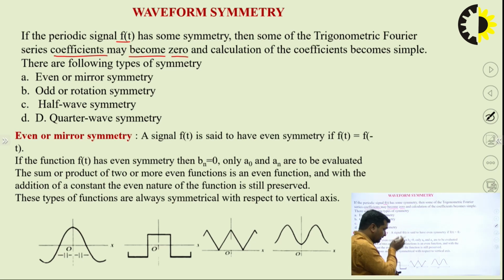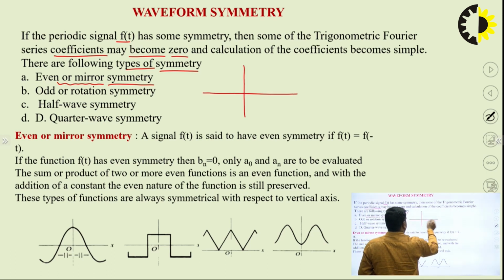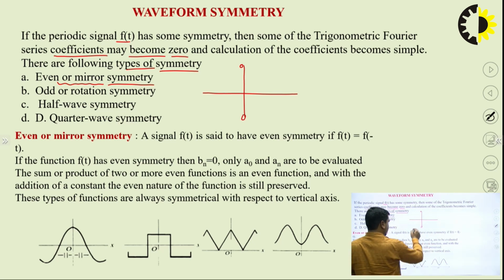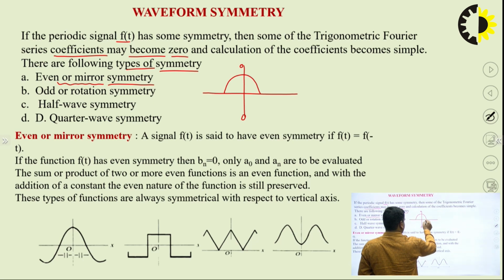Basically, if we know that our waveform is symmetrical, then some of the coefficients become 0, and that makes the further calculation very easy. So there are the following types of symmetry. First one is even or mirror symmetry. Even functions are symmetrical about the y-axis, like the cos function.